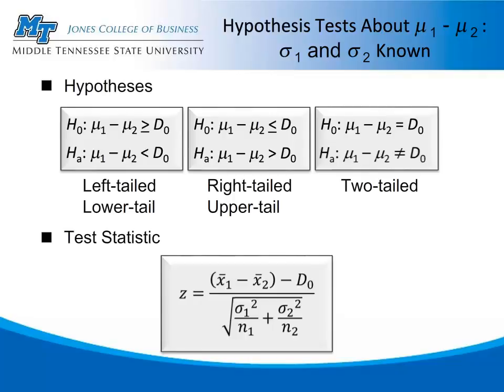For the test statistic, you take the difference of the sample means, you subtract whatever the hypothesized difference is up in the null, and then you divide it by the standard error of the sample means, which is the square root of sigma 1 squared over n1 plus sigma 2 squared over n2.